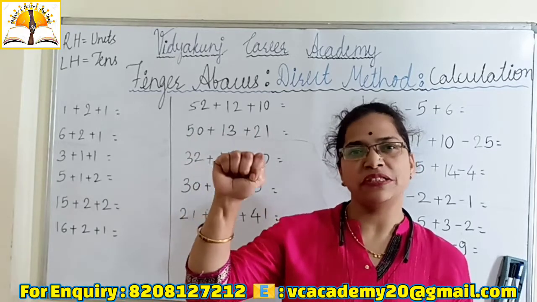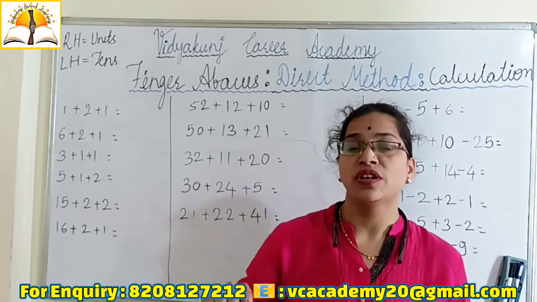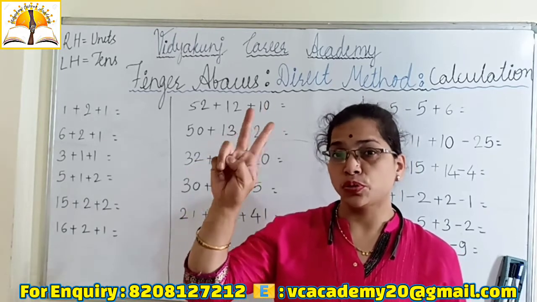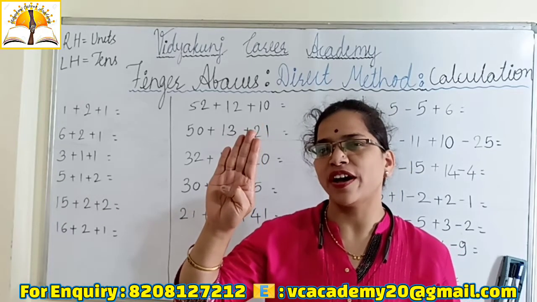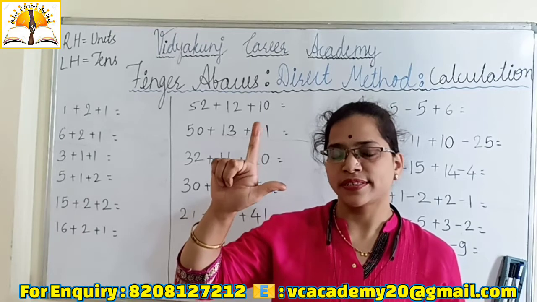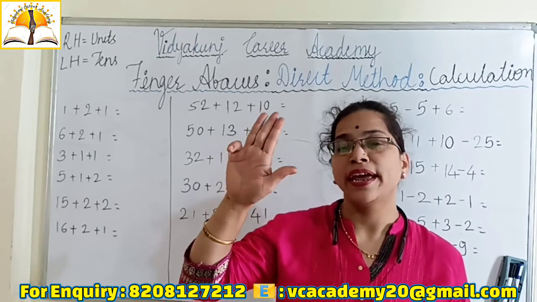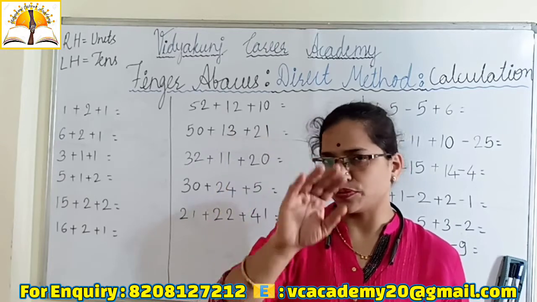Here fist means 0. Then 1, 2, 3, 4. Then how do you represent 5? Four fingers down, thumb raised. Then 5, 6, 7, 8, 9. Have you counted? You have to do it.